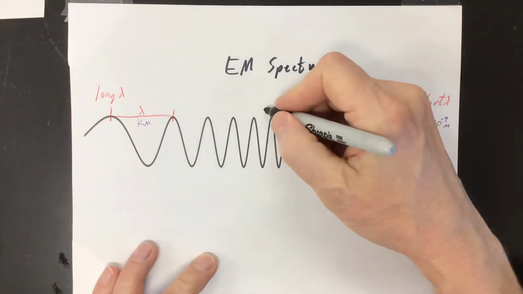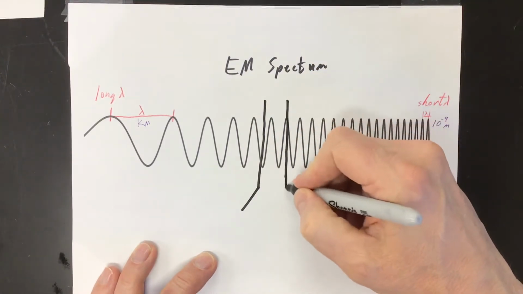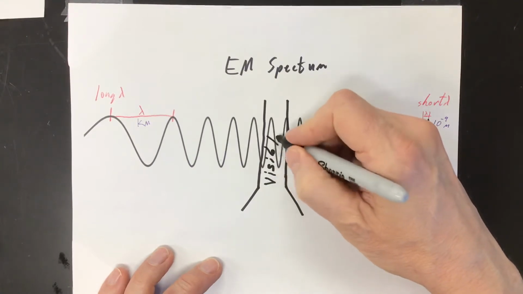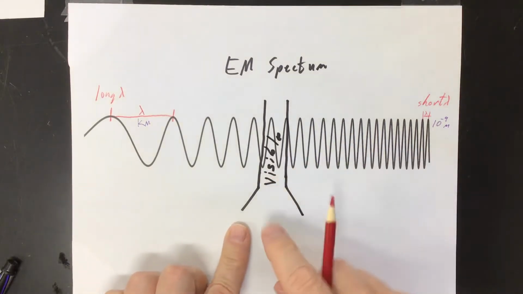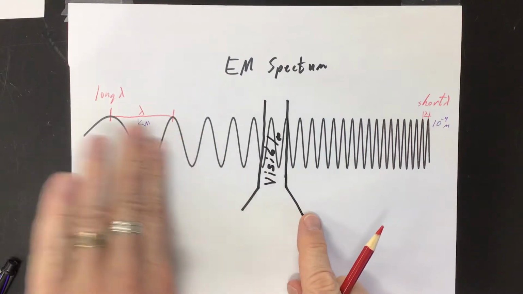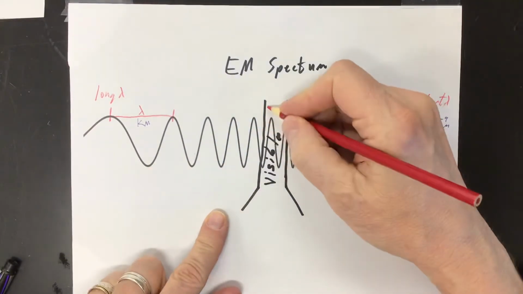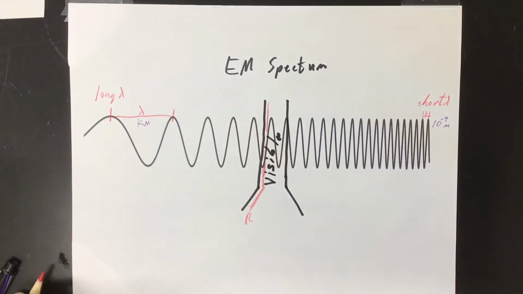I think the best place to start is we'll just start right in the middle. And this would be the visible part of the spectrum. This is the part of the spectrum that your eyes are sensitive to. Remember, these are the long wavelengths, and this is shorter wavelengths. So down here on the longest wavelength part of the visible spectrum, we have red light.